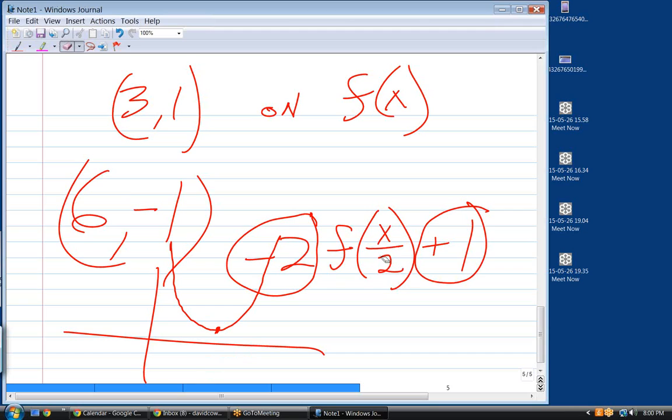The 1/2 in front of the x is a horizontal expansion. So it would take this parabola and make it look like that. Well, that changes the y value.